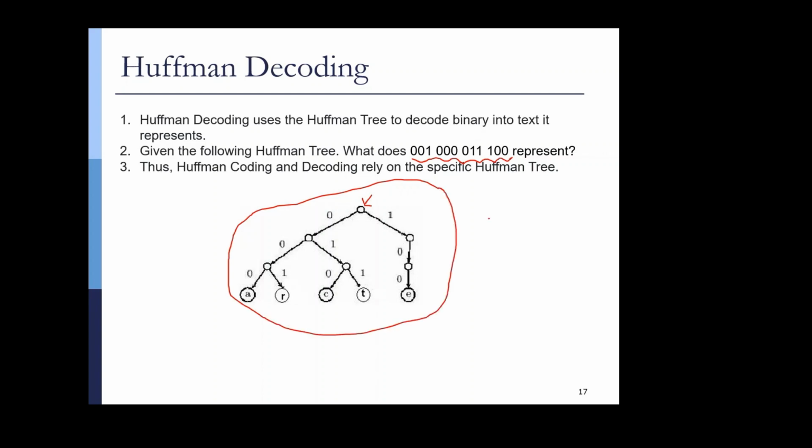So what could be the message after you decode it? So what is the answer for this? Rate. Rate, yeah? 00 for R, 00 for A, 000 for A, 011 for T, and 100 for E.